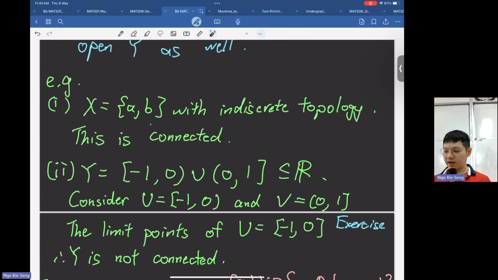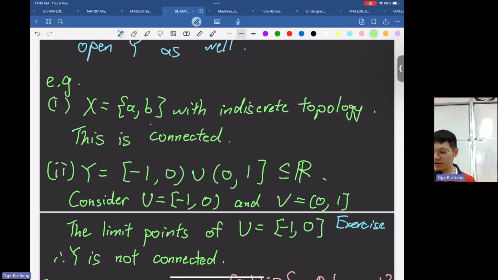They don't contain it, because I throw away 0 in U and I throw away 0 in V. In both U and V, you cannot find 0. 0 is just their limit point. That's the point of this question. I take away the limit point from both.